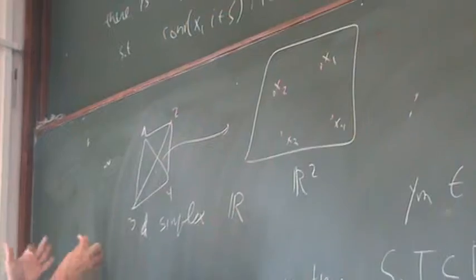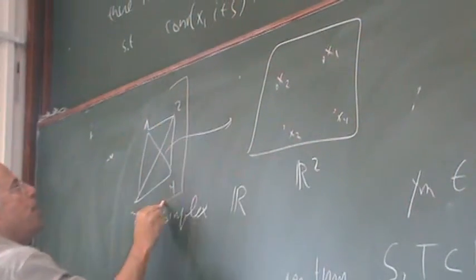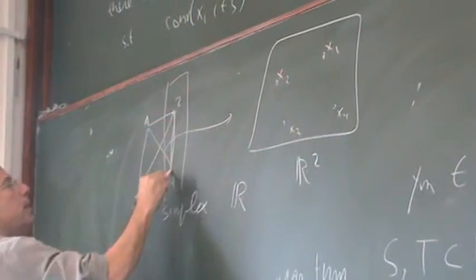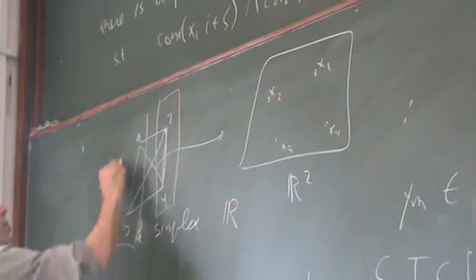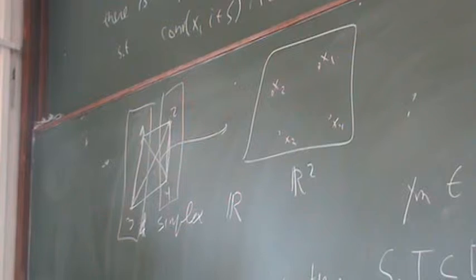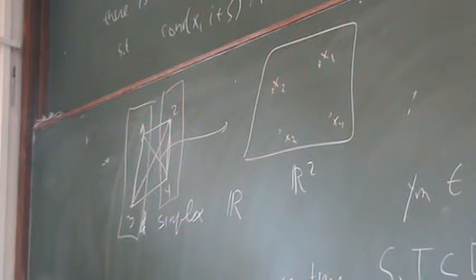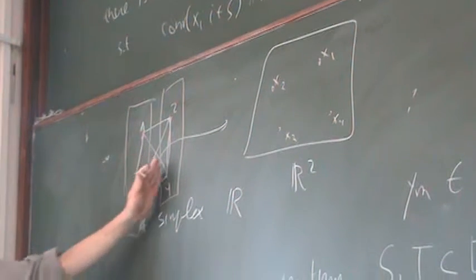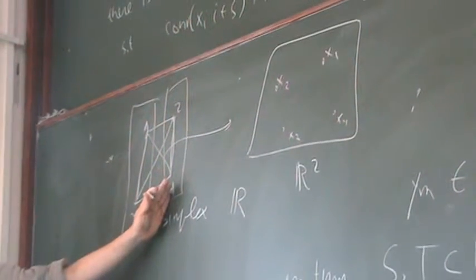So for example, one possibility is that we have one parallel hyperplane which contains this edge and another parallel hyperplane which contains this edge. Two parallel hyperplanes cannot contain the same vertex. So they must correspond to a partition of the vertices.